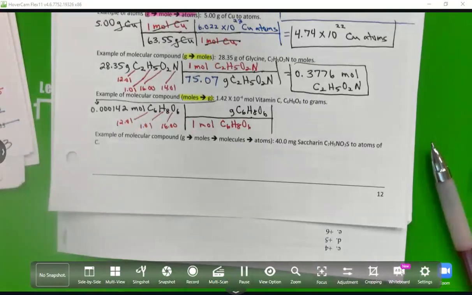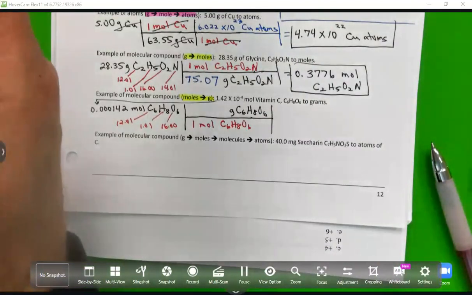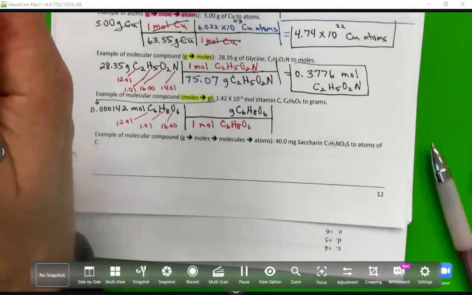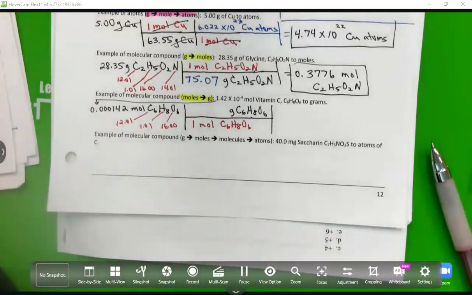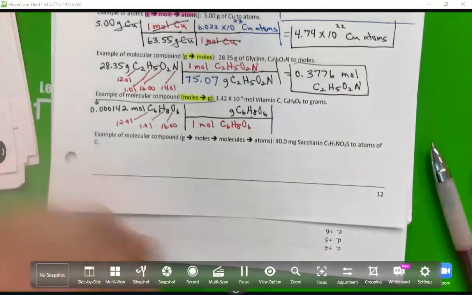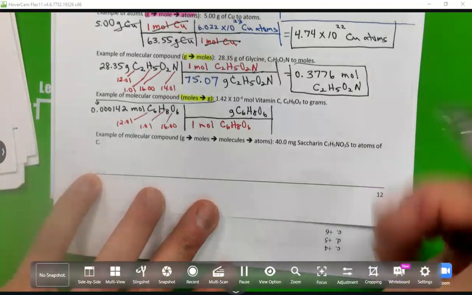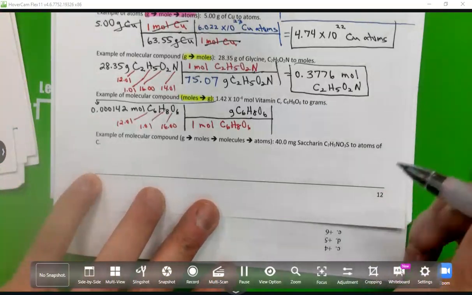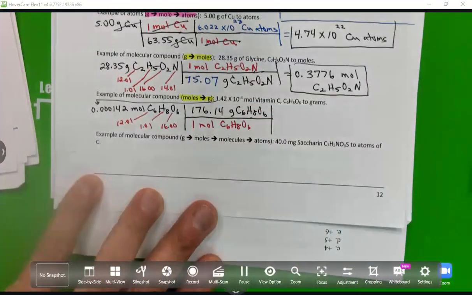What do we get? 176.14. Yes, vertical nods.